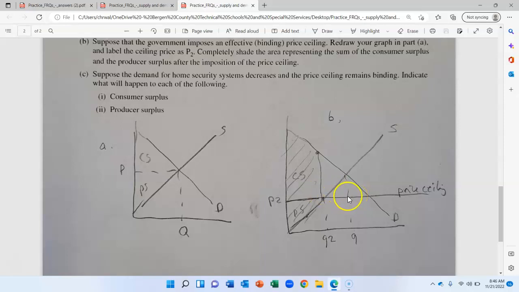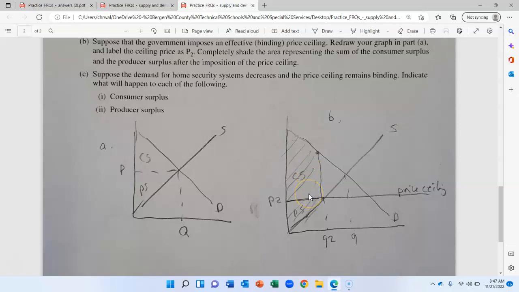We can see that some consumers are benefiting from the lower price. So before the price was way up here, some consumers who are getting the good actually are paying a lower price, but fewer consumers are getting the good. We actually can't even measure whether this price ceiling is good or bad for consumers, depending on what the numbers actually tell us.